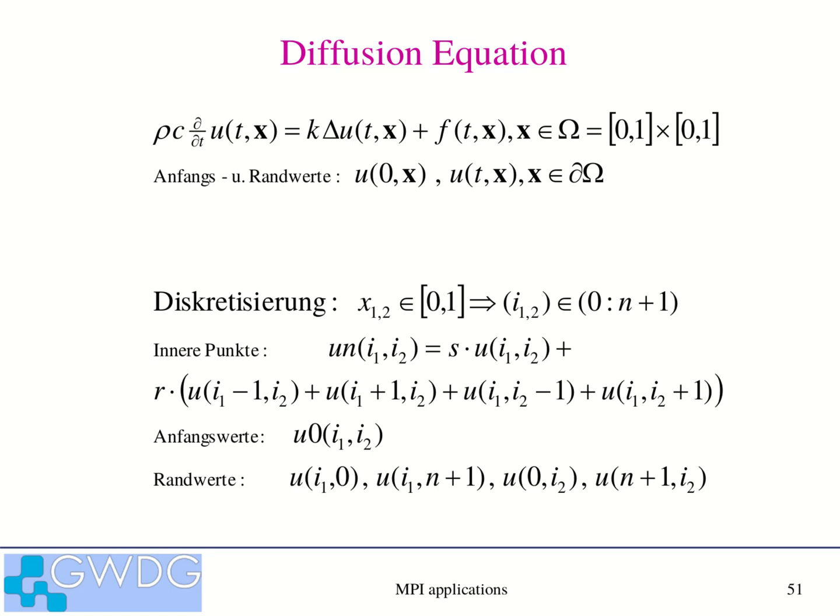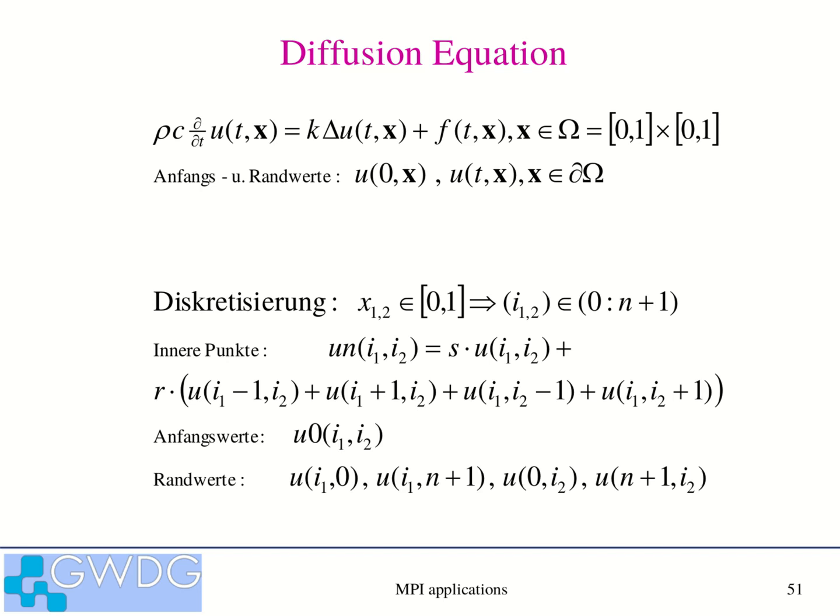That's the way, because the differentiation in time and in space translates into the average of the values in neighboring points.